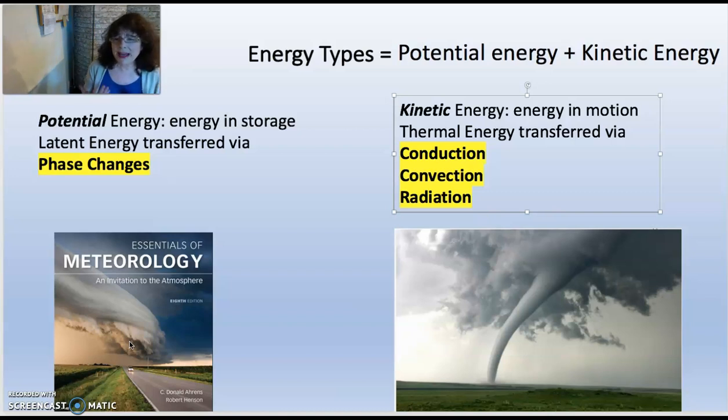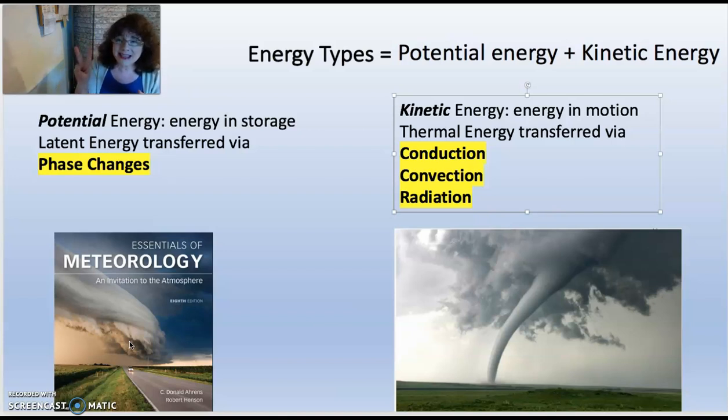That energy that is potential, that energy that is in storage, is transferred in phase changes between water vapor in the atmosphere becoming water, or potentially becoming ice crystals, because phase changes are differences in states of matter. Water vapor, water, ice.